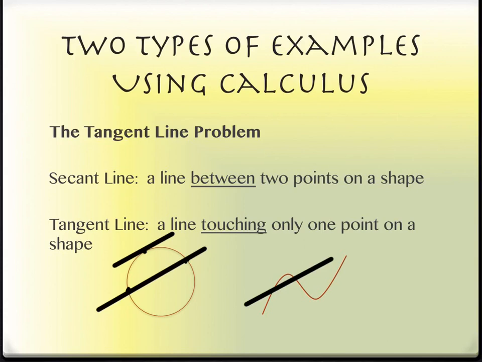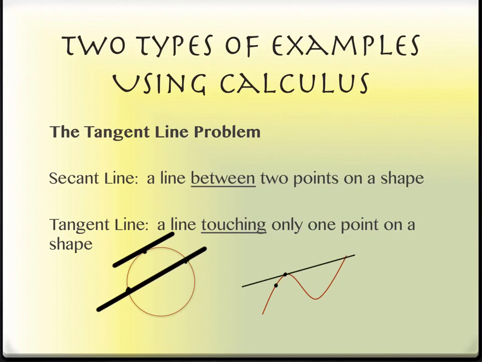So for example, let me make the line a little bit narrower. If you're given the point right here and you were to draw the line, it looks something like that, and it doesn't cut through the shape again. But if you were given the point right here and you were to draw the tangent line, it would look more like this, and it would eventually cross through the shape again.